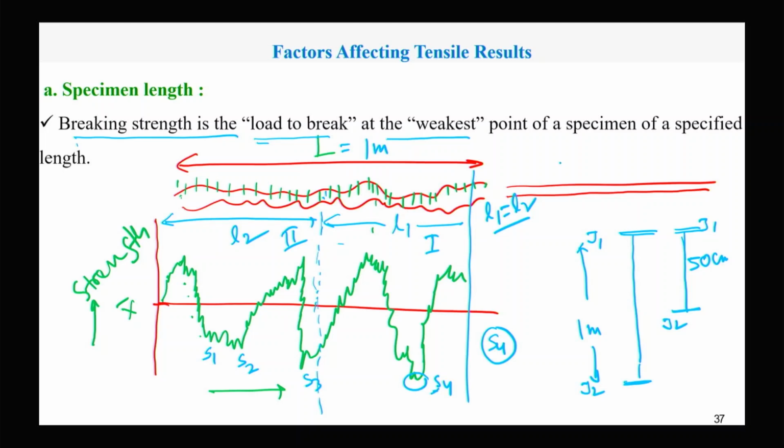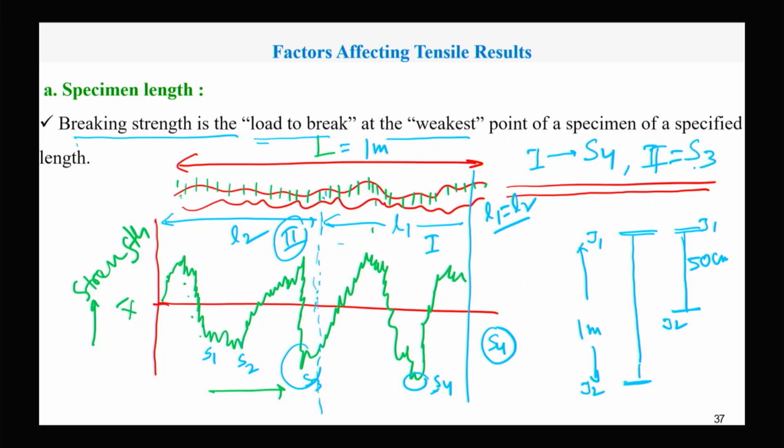When we test portion 1, the strength will be the weakest along this length, and the weakest point is S4 again. So it will be S4. And when we test portion 2, this portion, the strength of this portion will be the weakest among the weak points. So here the weakest point is S3. So for part 2 it will be S3.